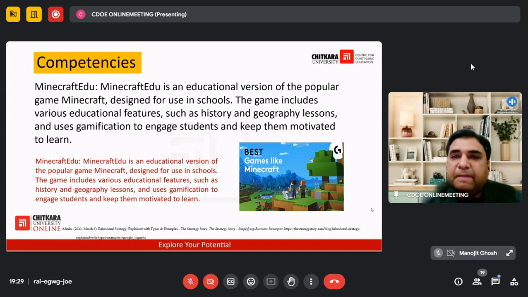This is the way an organization can give an exceptional experience to their learners, to their consumers or customers who are attached with them. So competencies are one of the major criteria that have to be developed from your resources, behavior, then your strengths, then your synergy.